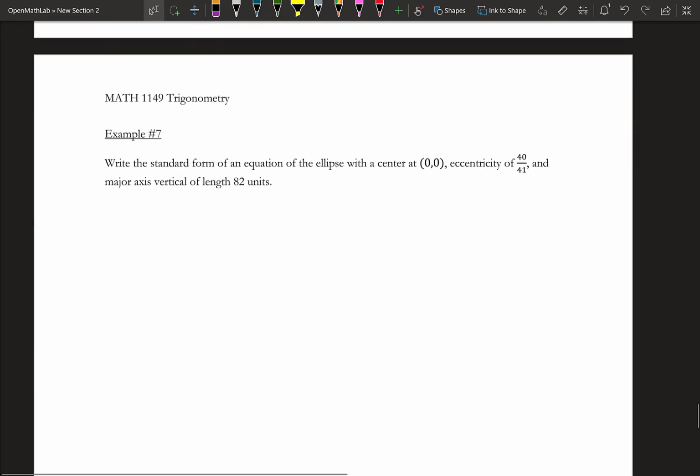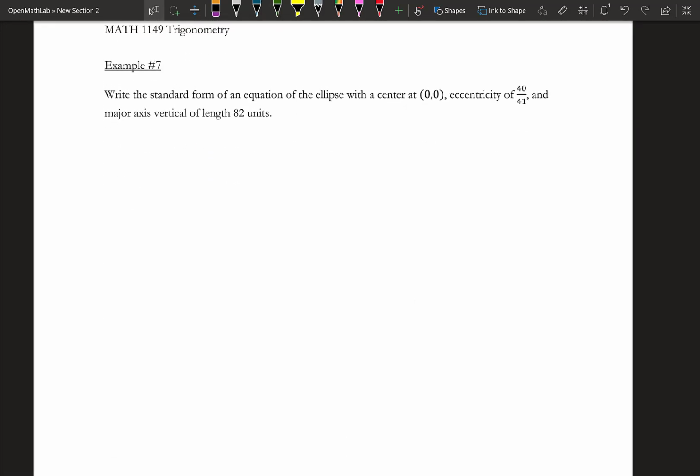And then the very last one, we're given the center, the eccentricity, and the length of the major axis that's vertical, and we're trying to use this information to find the equation. So an important part to get started here is that the major axis is vertical.